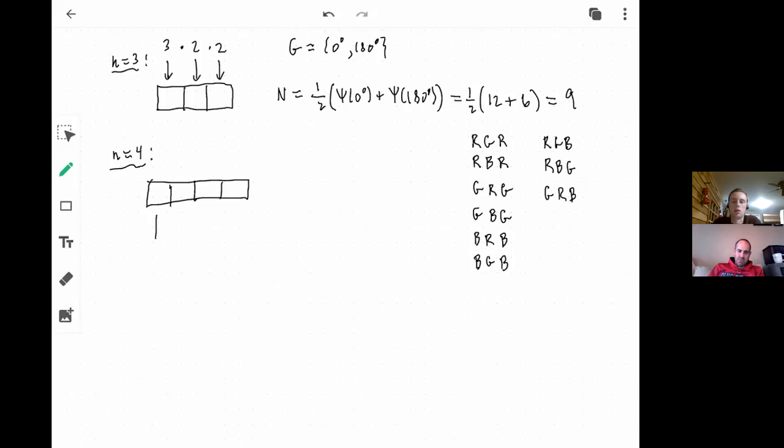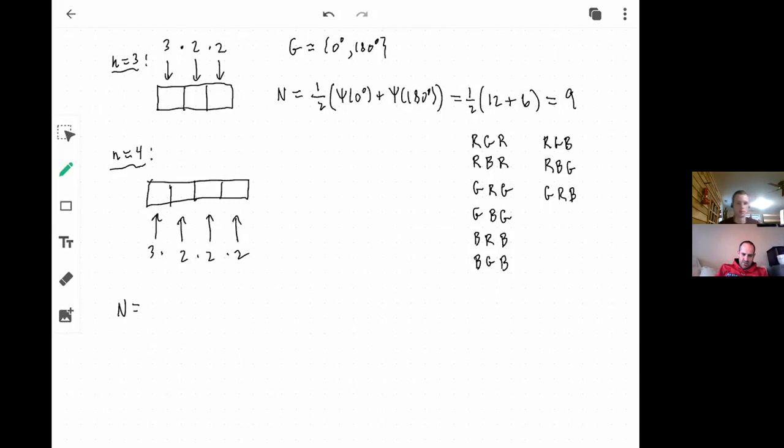But let's look at this example right here, because this is a little bit more interesting. Okay, so what about the even case? How many colorings without considering rotation? We have 3 for the first, and then we have 2 for everything else. And so what's going to happen here?